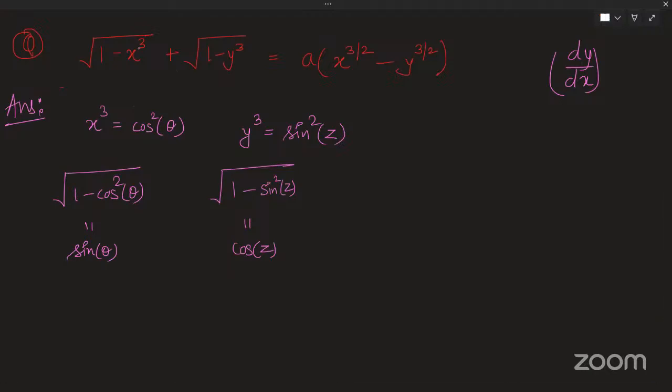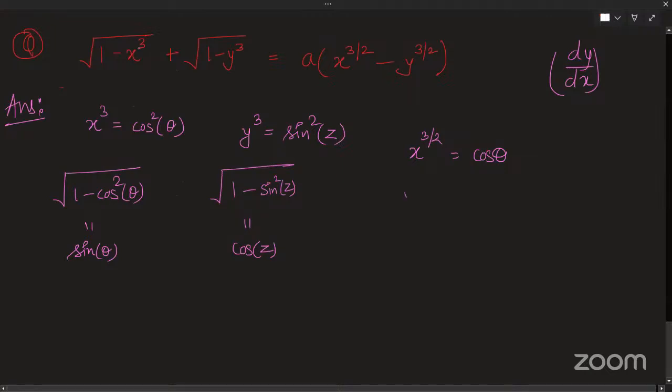Cos of z. So the same thing over here, your right hand side, x raised to 3 by 2 is basically cos of theta, right? And your y raised to 3 by 2, how much is it? It is sine of z.